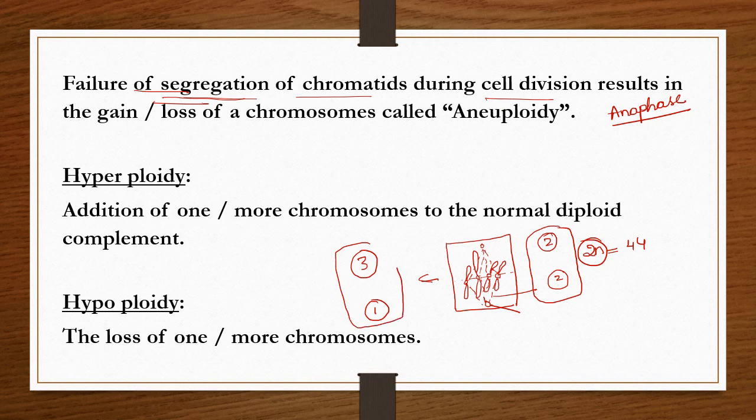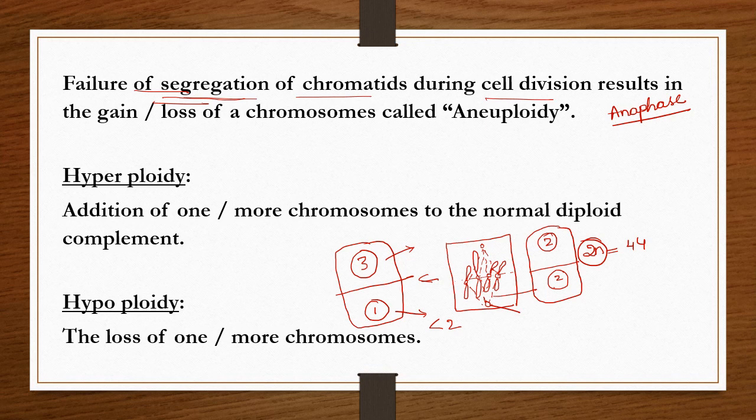So when this separates into two cells, one cell gets more than two chromosomes and one cell gets less than two. A normal cell needs to have two, but here one has gained and one has lost a chromosome.